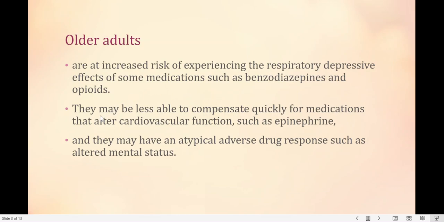These patients also may be less able to compensate quickly for medications that alter cardiovascular function, such as epinephrine. As you know, this is used in local anesthetic agents and also in gingival retraction cords. Also, these patients may have an atypical adverse drug response, such as altered mental status.